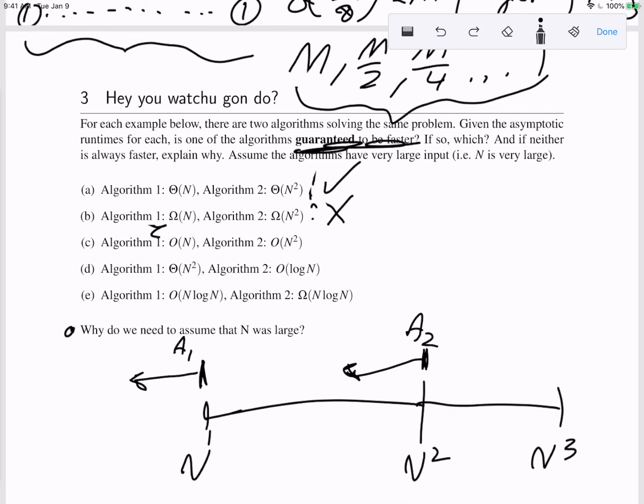And again, they could both potentially meet, like over here. Maybe it's constant time, or square root n. It doesn't matter, as long as it's something less than both n and n squared. So again, here, I'm going to say, no, it's not guaranteed that they're faster. They could be the same speed. Okay, let's do the same thing for the next problem.